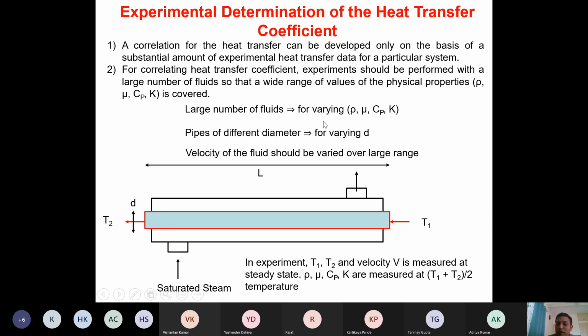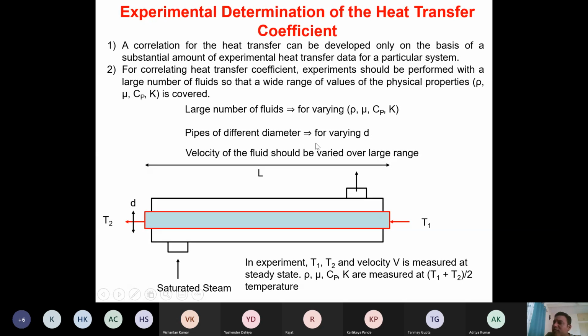This is the example of obtaining the heat transfer coefficient for pipe flow. That is why we have used a double pipe heat exchanger, where the heat transfer takes place in the radial direction from the annular region to the inside pipe. Again, a lot of data has to be generated.